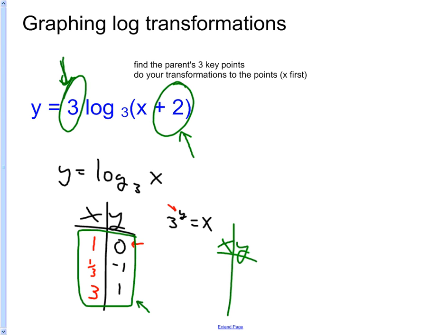Okay, so somebody give me those 3 points that you have, once you're all done with this. Yes. Oh, 1, -1, and -1 2/3. Can anybody verify those?